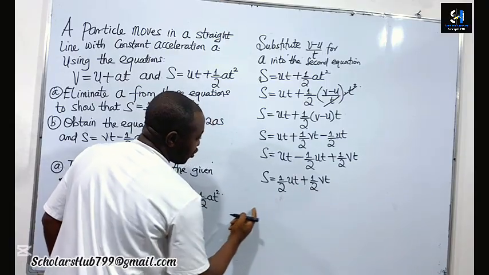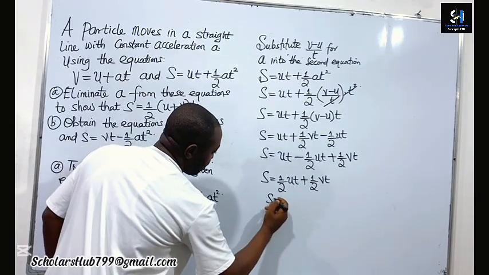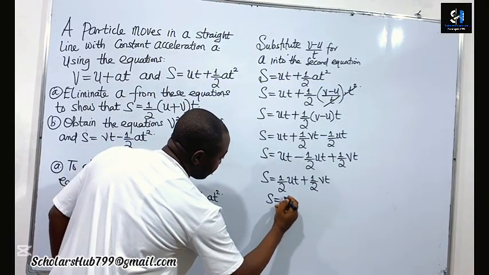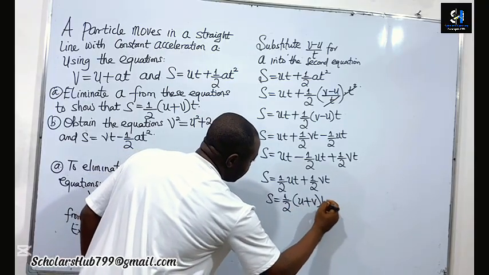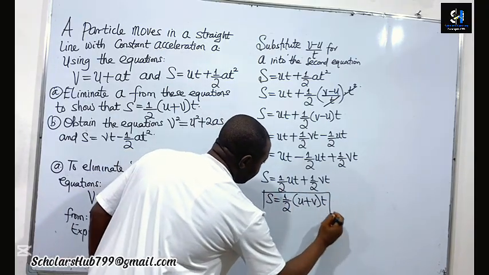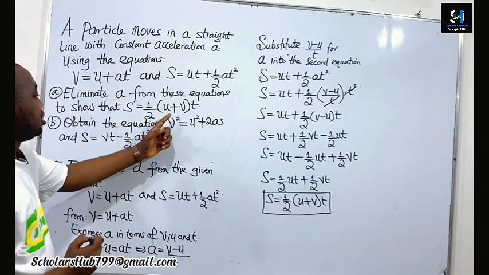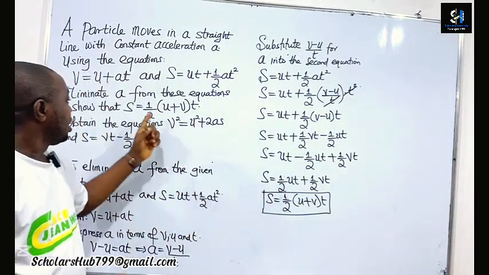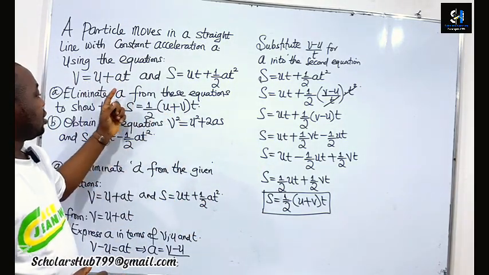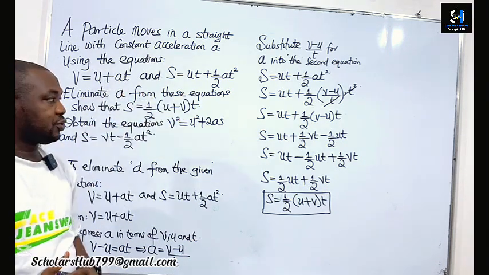So 1/2 is common, then t is also common. So the equation will be 1/2 of u plus v times t. So this is the required equation after we eliminated a from these two equations.